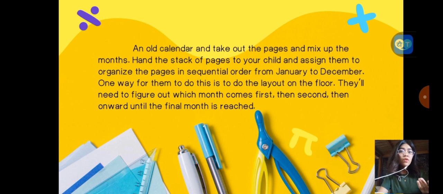Now, one way for them to do this is to lay the pages out on the floor. So this is somewhat like a group activity for the students. They'll need to figure out which month comes first, then the second, and so on until they finish the months. An example of this activity is this one.